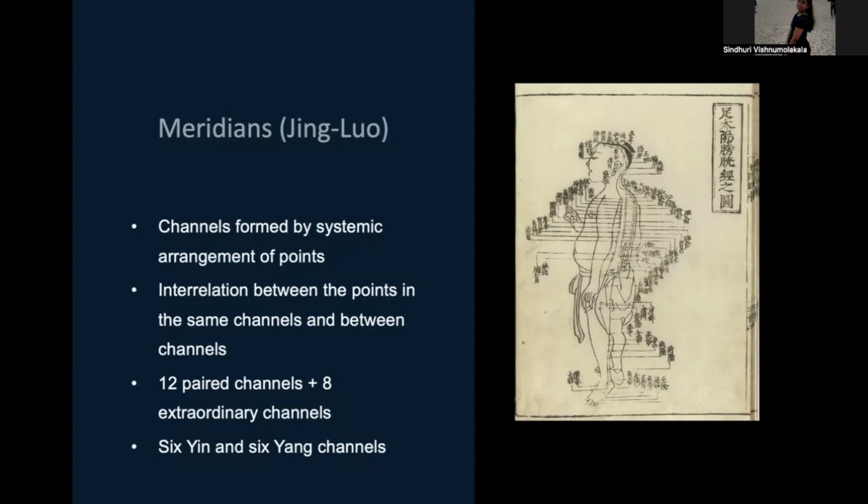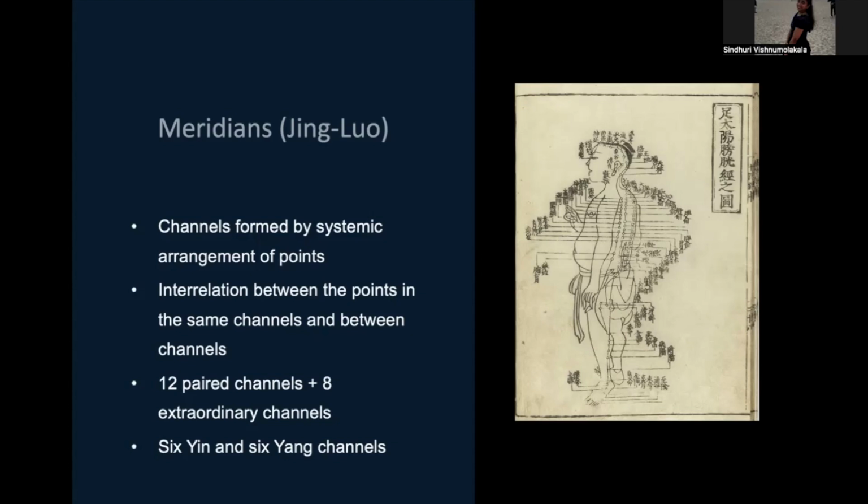As we all know, acupuncture is all about piercing needles at specific points on the body to attain beneficial effects. The ancient practitioners worked out carefully, after several observations, how these points are connected with each other.